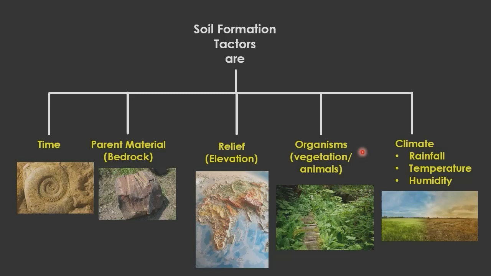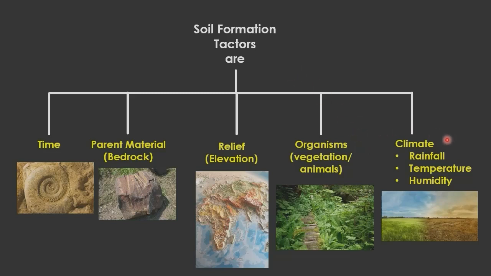And maybe human activities such as drainage, agriculture, the kind of fertilizer, acidification into the soil will also enhance the creation of soil. So organisms, including humans, are one factor that really can affect soil formation.